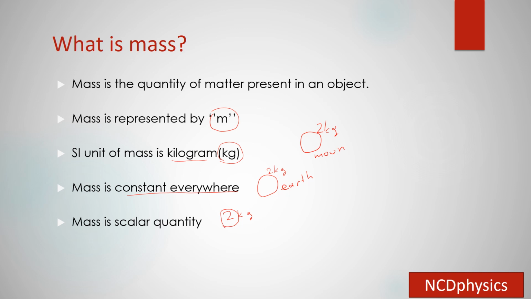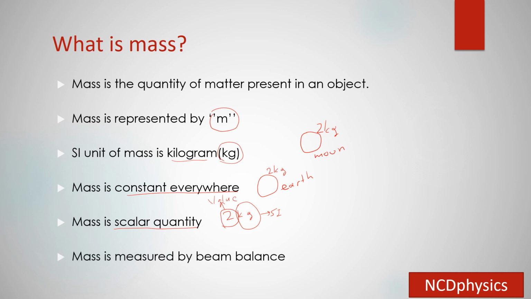It has a unit and it has size: 2 kilogram, where kilogram is the SI unit, and 2 is its size or value. So there is no direction of the mass. That's why mass is a scalar quantity. So scalar quantities are called what? The quantities that do not have direction. They have just value, or let's say size, and SI unit.